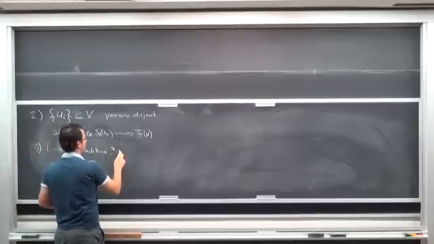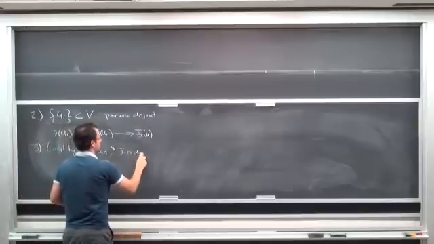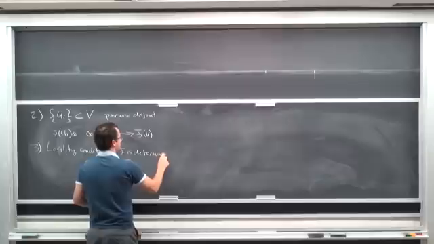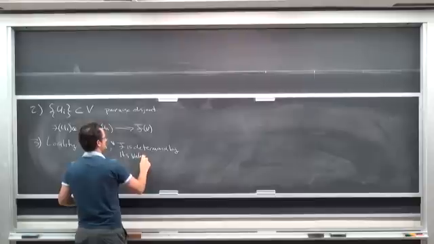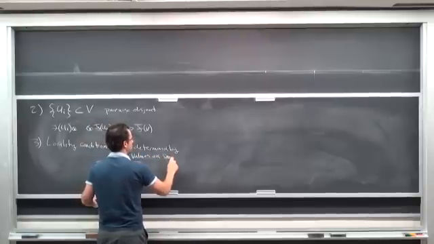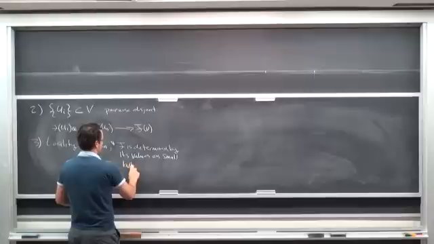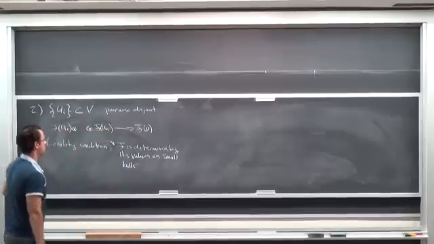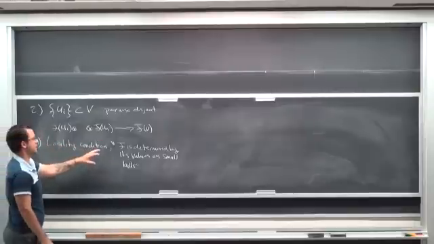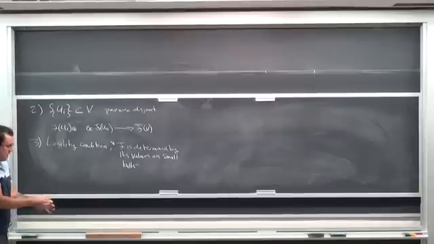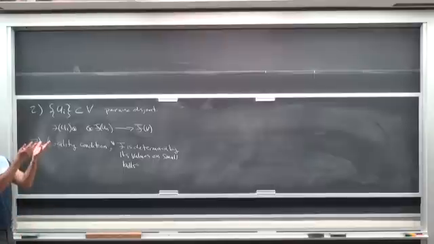So maybe I phrase this as F is determined by its values on small balls. You can spell this out in more detail, but it's a technical thing that just says that provided I know what F assigns to a small enough collection of generating open subsets, I know what it does to any open subset.